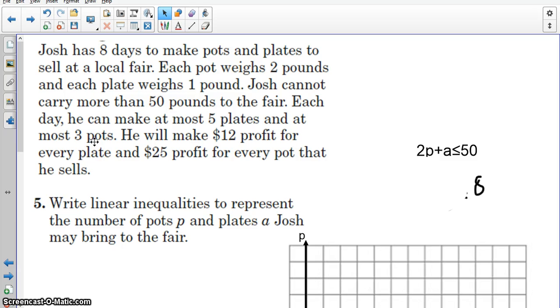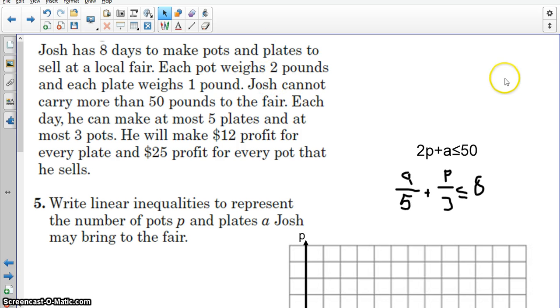It's ridiculous, they chose P. I should probably switch it to X and Y, but too late now. The number of pots divided by 3 is how many days he takes to make the pots. Similar story for plates. The number of plates he makes, A, over 5 tells you how many days he spends making plates.